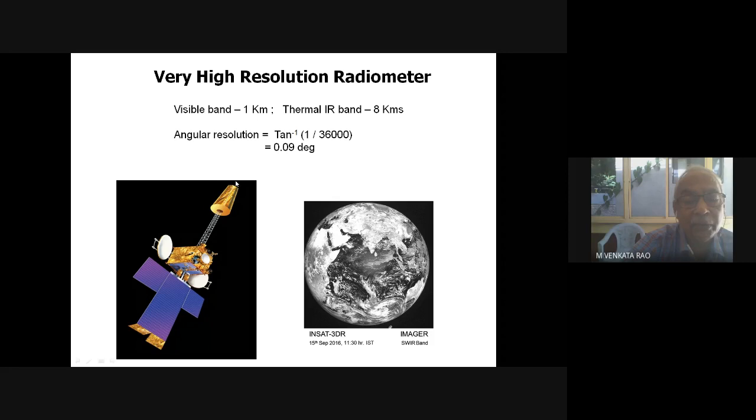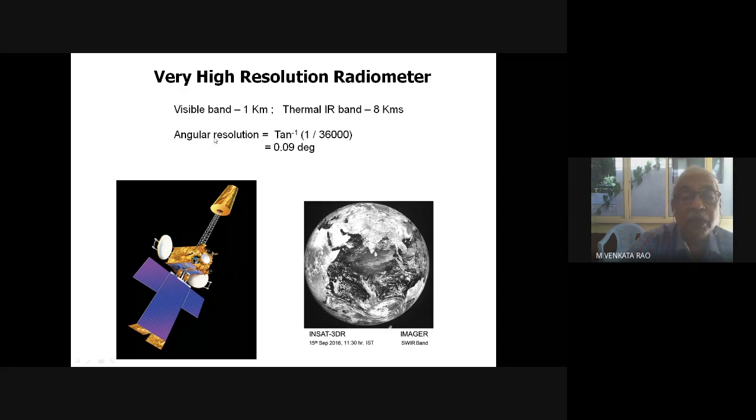It is just a dummy mass to balance this. Wherever this VHRR is not there, for example pure communication satellites, they had solar arrays on both sides. This was needed when we wanted a combination of communication and meteorological payload on the same satellite.